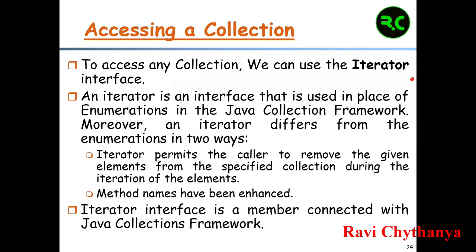The first one is iterator permits the caller to remove the given elements from the specified collection during the iteration of the elements. Okay, so the enumerations are also used to iterate through and access the collection elements. But here the iterator differs from the enumeration in two ways.